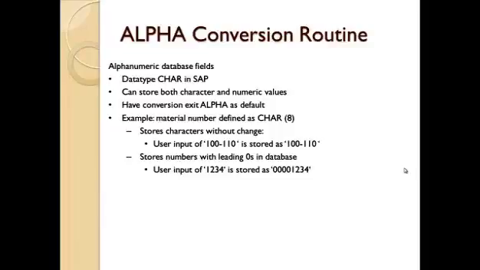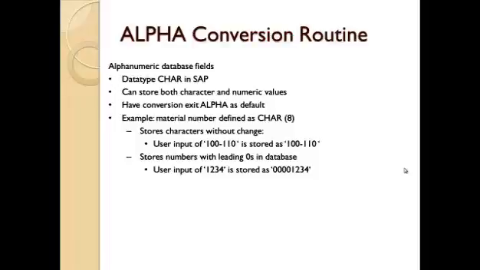All right, the first conversion routine we'll talk about is the alpha conversion routine, which is a very common routine for data type defined as CHAR in SAP. So when we create an info object and we define that as character data, no, I should say CHAR type, then it can be used to store both character as well as numeric values.